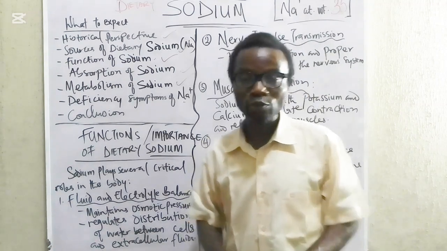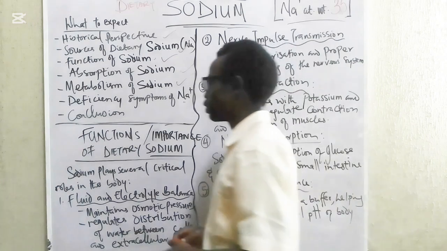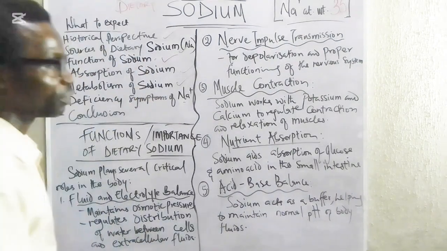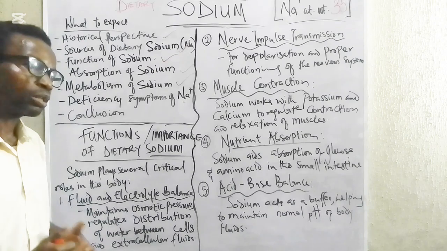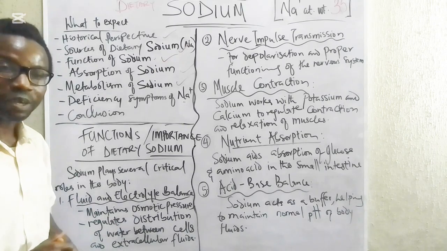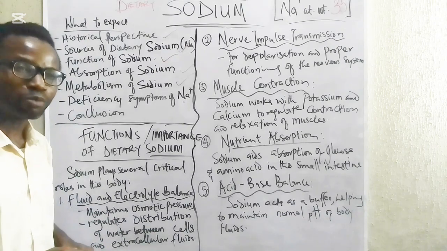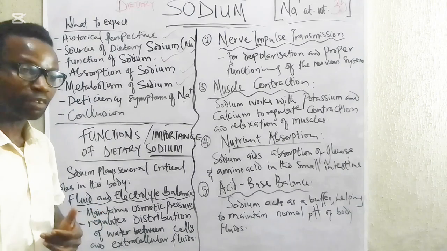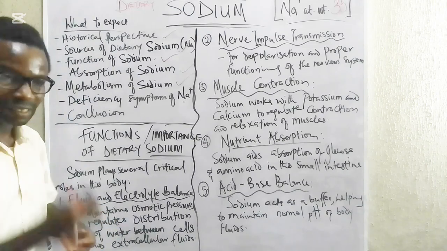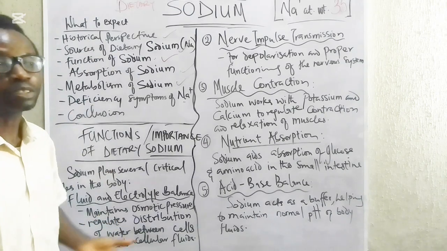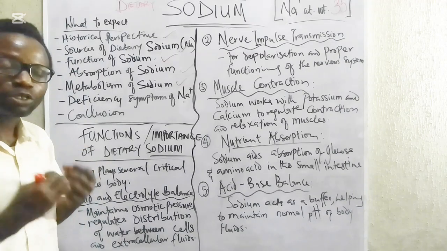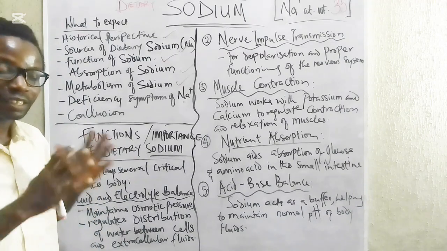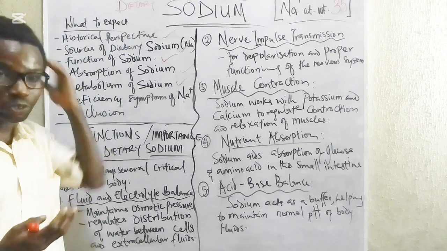Now let's go on to the functions of sodium. We've already looked at sodium being referred to generally as white gold, because when the ancients discovered it, it was very useful in preserving their food and also enhancing the taste of their food. Sodium is generally found in salt, so you will not always talk about dietary sodium without relating it with common salt.